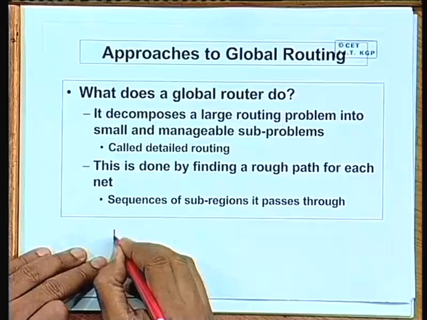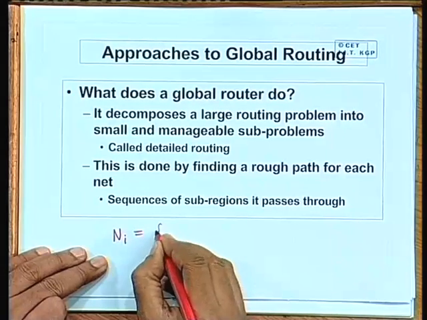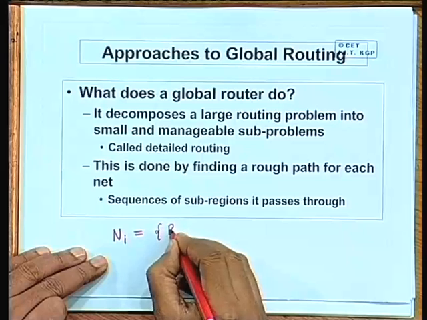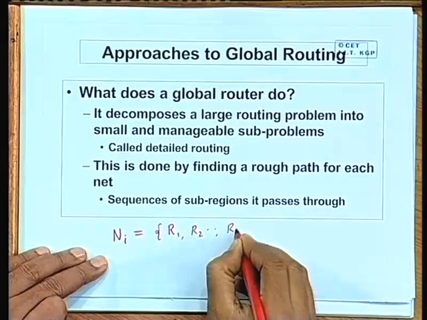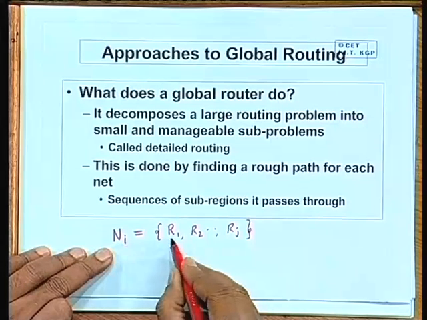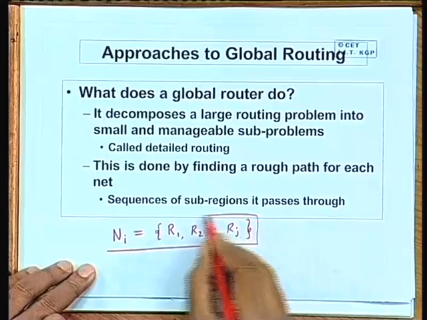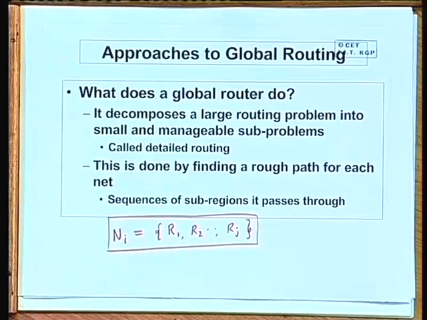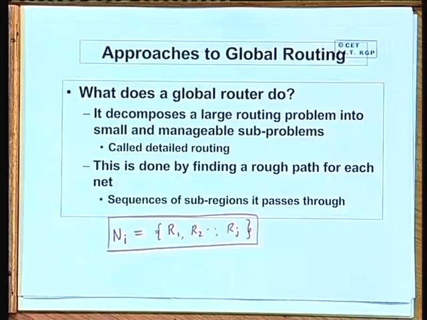For example, for each net Ni, we will have a set of regions, say R1, R2 to Rj. So each net will have to pass through a set of regions. This will be the output of the global router. So for each net, a set of such routing regions will be given.